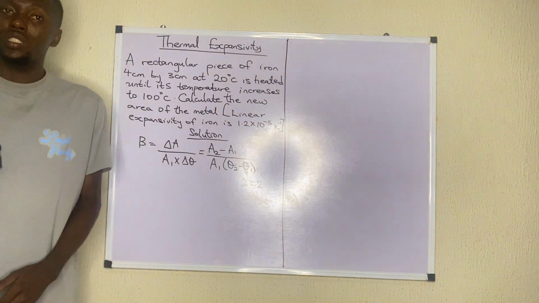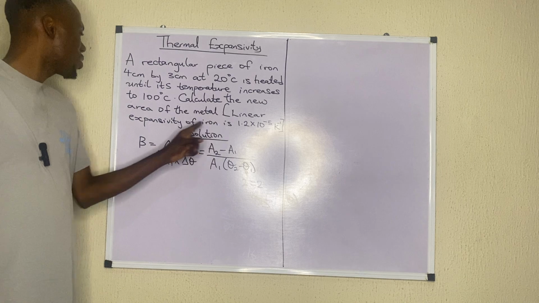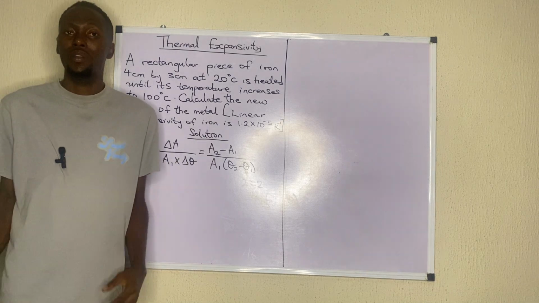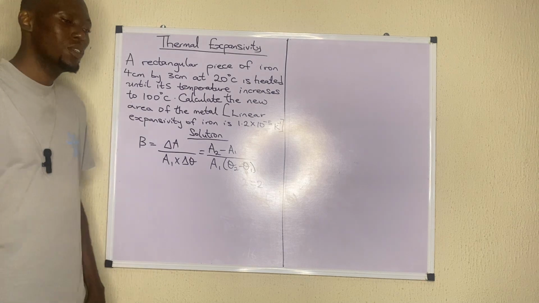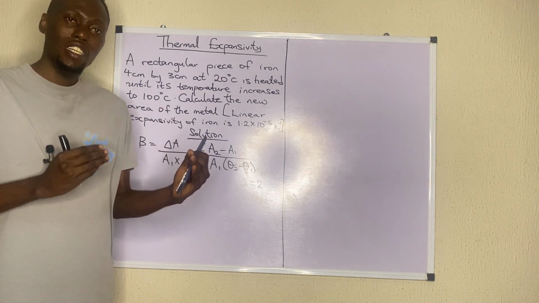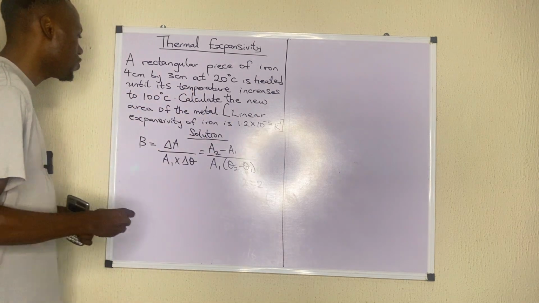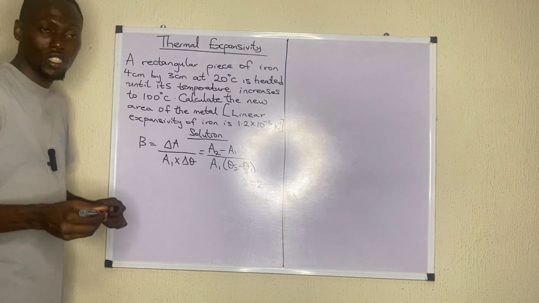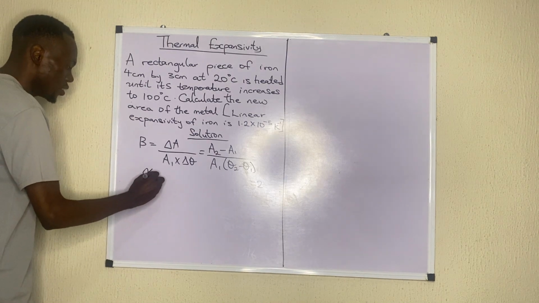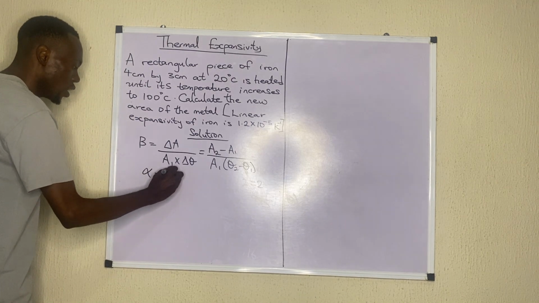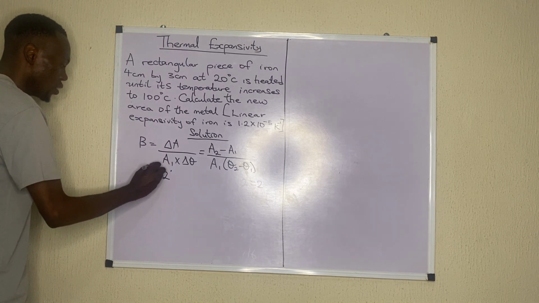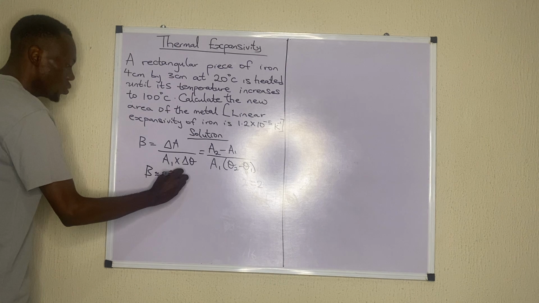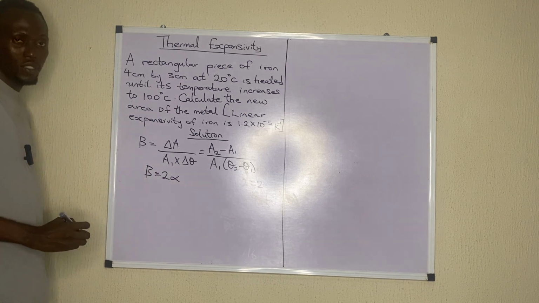But you will notice in the question that what was given was the linear expansivity of iron and not the area expansivity of iron. But there's a relationship that connects linear expansivity and superficial expansivity. And that relationship is this: area expansivity, beta, is equal to 2 times the linear expansivity.